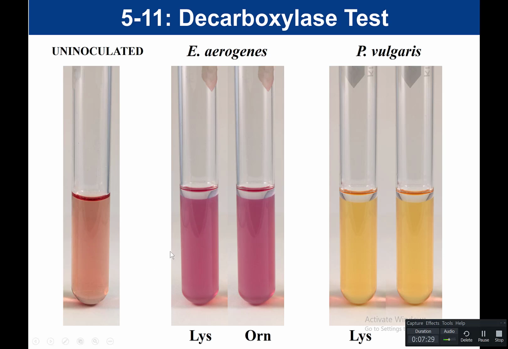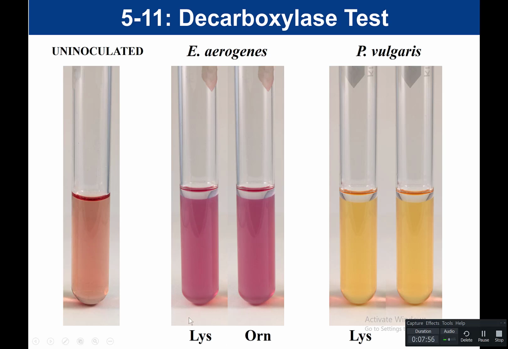If we look at the two tubes that were inoculated with Enterobacter aerogenes, EA, the tube on the left has lysine as its substrate. The tube on the right has ornithine as its substrate. Notice that for Enterobacter aerogenes, we have purple, purple. What does that tell you? Do they decarboxylate lysine?